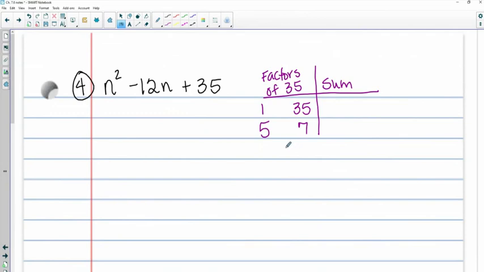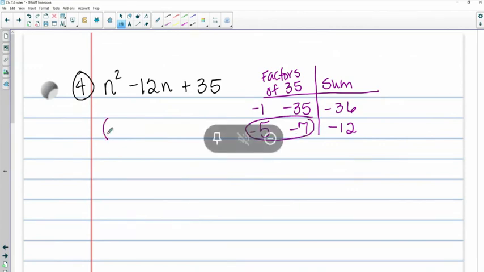Okay, if C is positive and B is negative, that means both our answers are going to be negative, right? So that means that this is negative, this is negative, this is negative, this is negative. And when you add them, you get negative 36. And when you add these two, you get negative 12. And which one matches B? Negative 5 and negative 7.